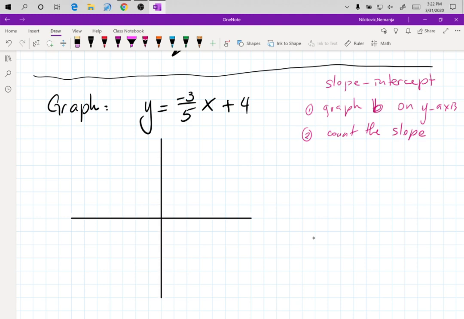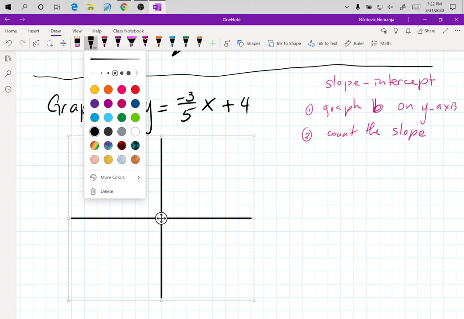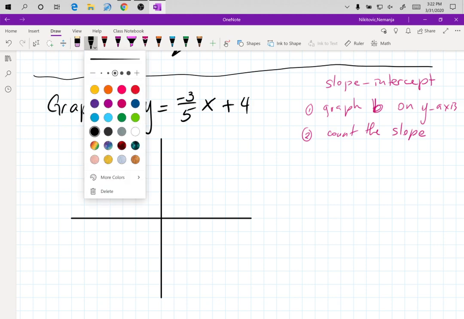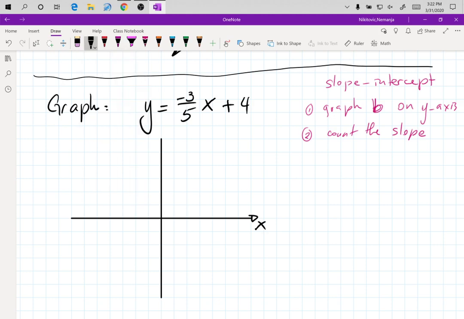So we take x and y axis again. +4, 1, 2, 3, +4 is where our y-intercept is. Then I need to go down 3 because rise is negative. Negative rise means you're going down.